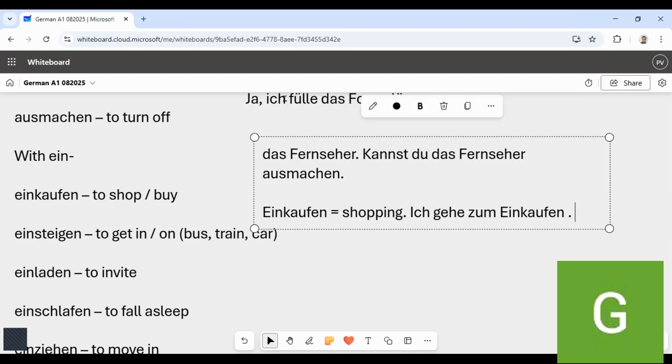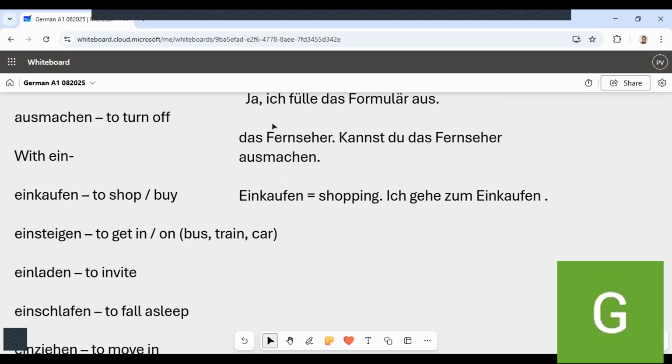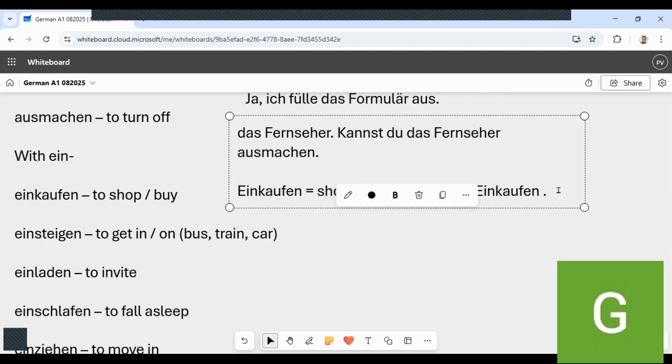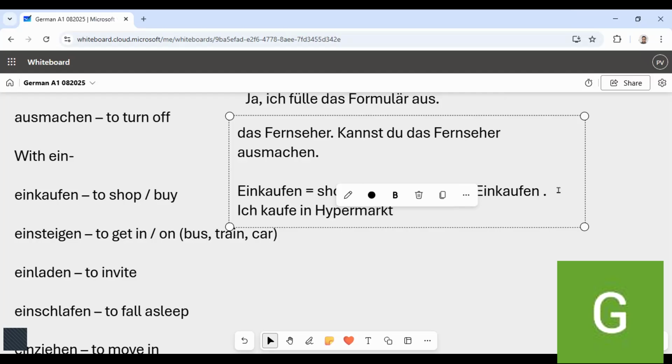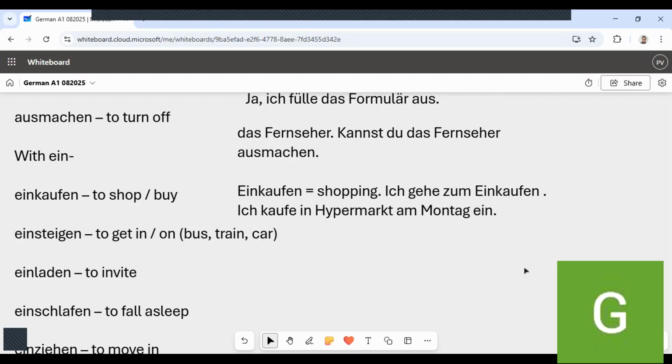Or if you want to say that I am shopping, then you can simply frame a sentence like this: Ich kaufe im Hypermarkt ein, am Montag. I am shopping in a hypermarket on Monday. Is it clear?